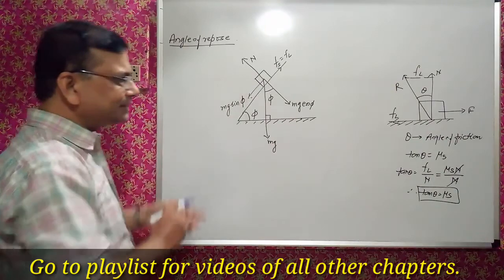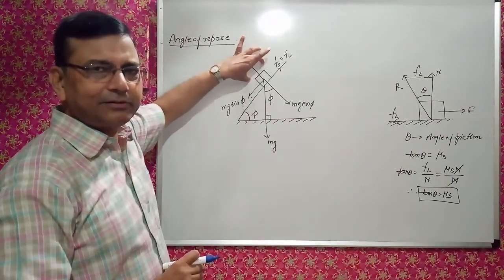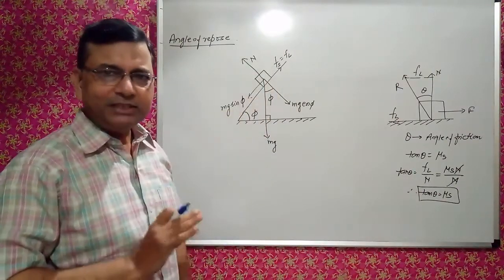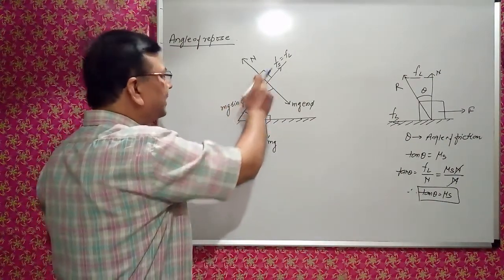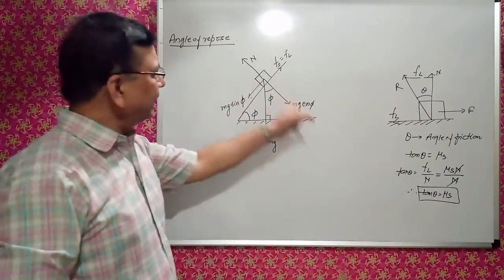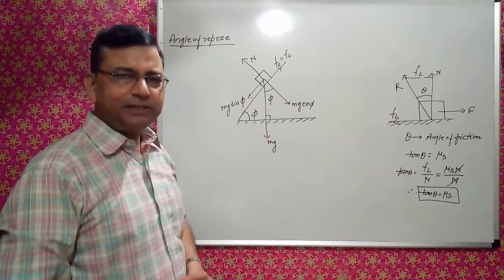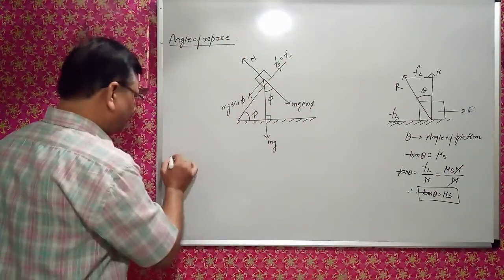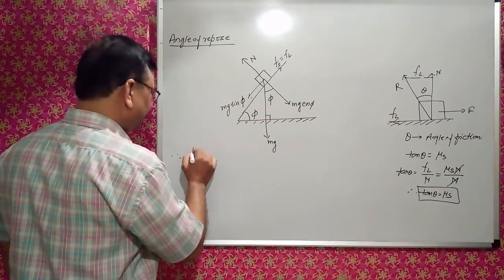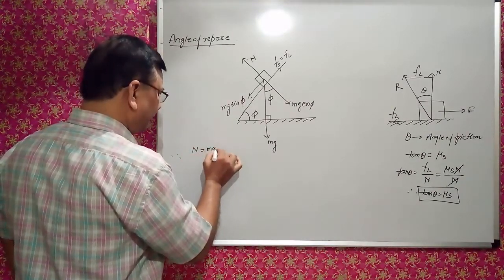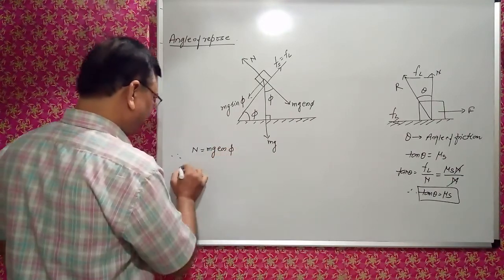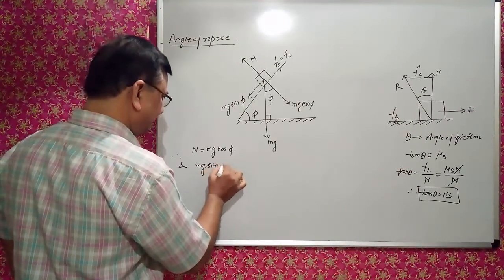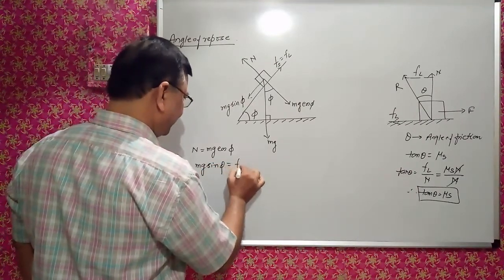Since the body is at rest, the net force along this surface will be 0, meaning mg sin phi will be equal to Fl. And in the perpendicular direction also the net force will be 0 because there is no motion perpendicular to the surface. Therefore, N is equal to mg cos phi, and mg sin phi is equal to Fl.